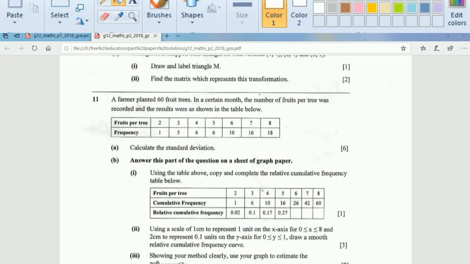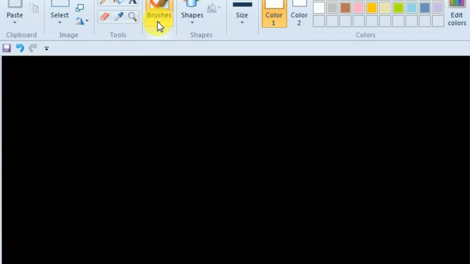So from the data that we have been given, we know that that's grouped data. So we need to use the formulas for grouped data, and the formulas that we use are written in this form.